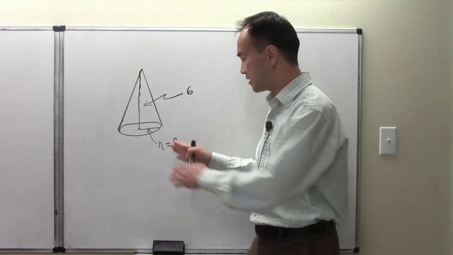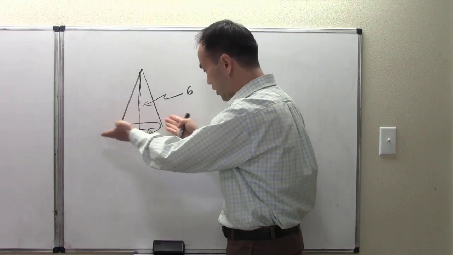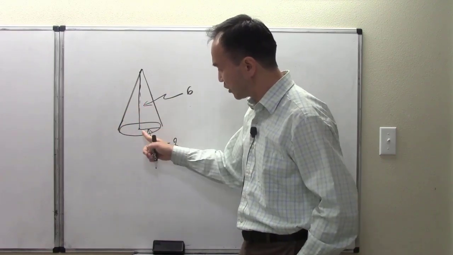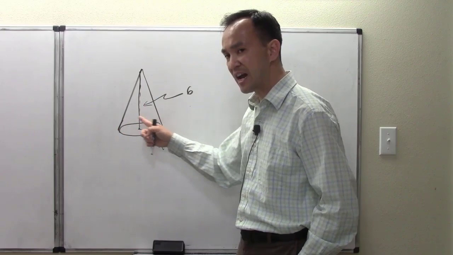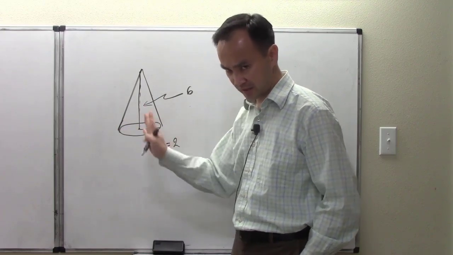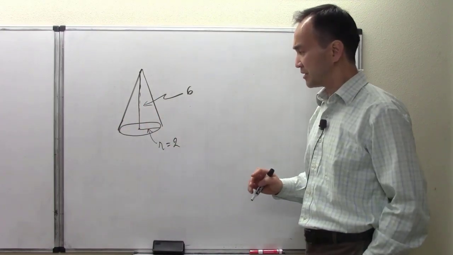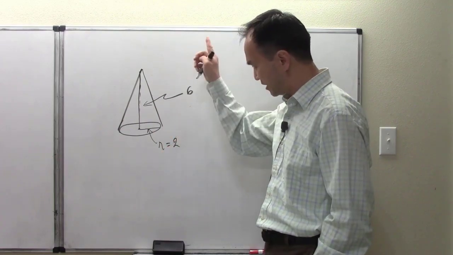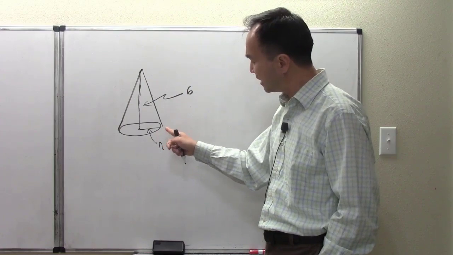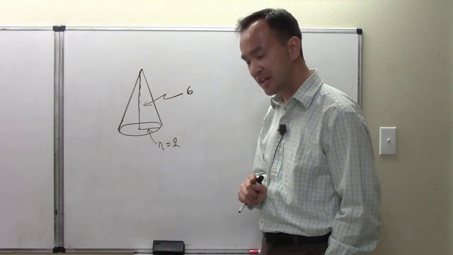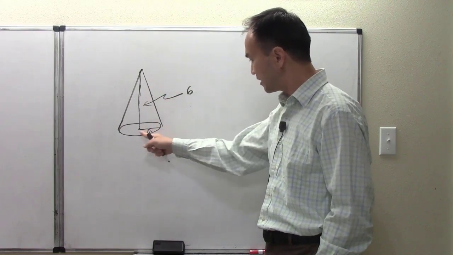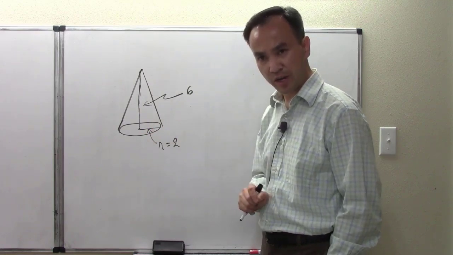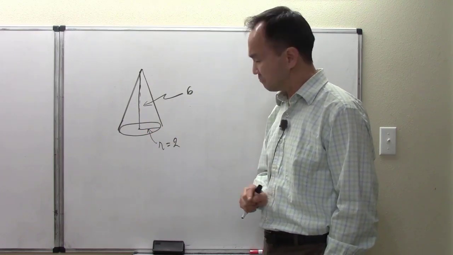That means the base of this right circular cone has diameter 4, but knowing the diameter is optional. As direct given information, we have the height being 6 and the base radius equal to 2.